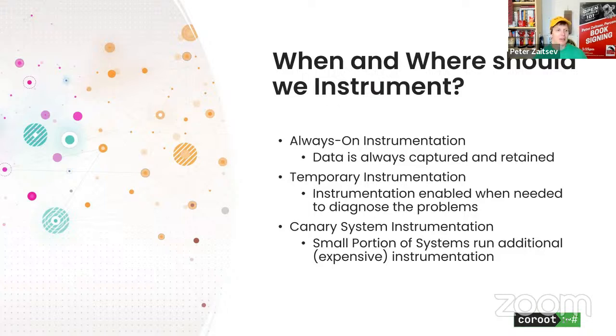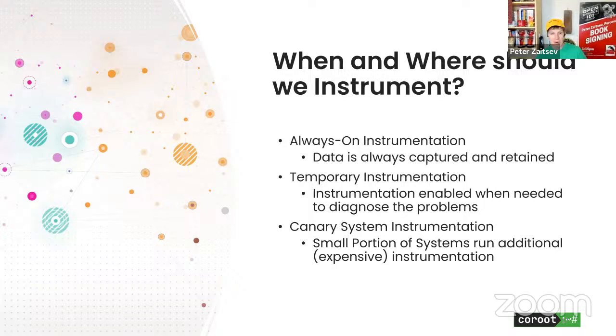And also, you often see in large-scale distributed systems some special nodes or special services designated as canaries, if you will, which would have a deeper instrumentation, right, and which will help us to validate how we're operating.